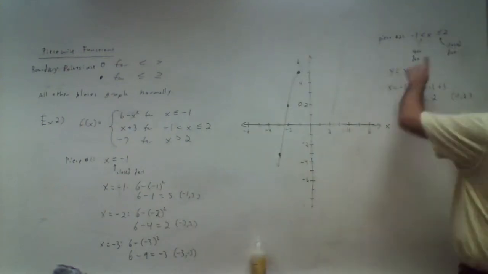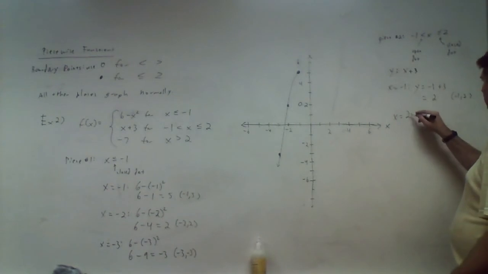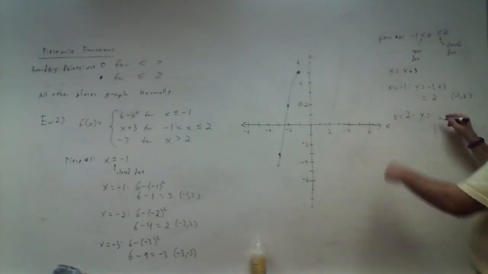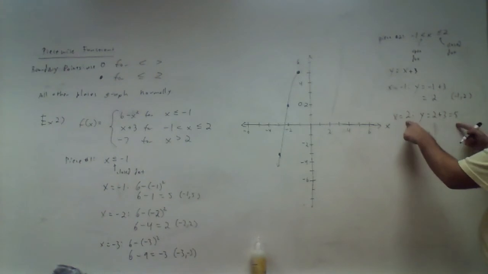Okay, let's do another boundary point. x equals positive 2. y equals 2 plus 3, which is 5. So we have 2, 5.